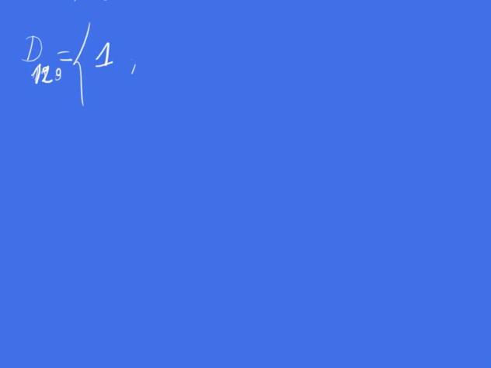When we divide by 1, the quotient is 120. We can divide by 2, the quotient is 60. Divide by 3, the quotient is 40. Divide by 4, the quotient is 30. Divide by 5, the quotient is 24; 24 times 5 is 120.